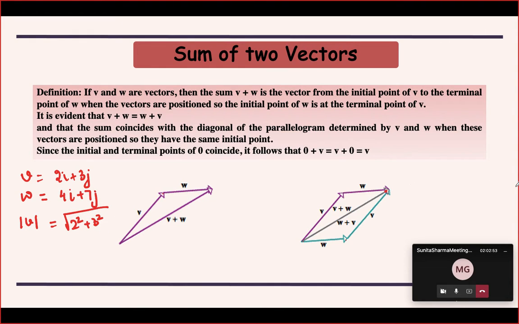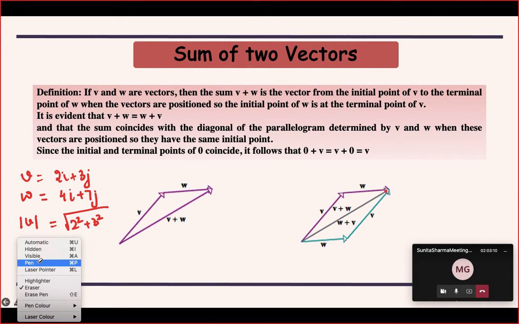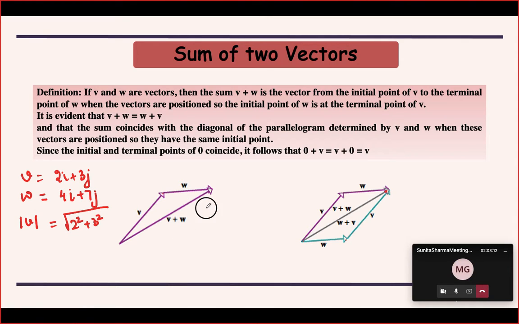Otherwise, if you visualize this v, when we draw this geometrically, how you can draw is, you can just take the initial point to be at origin and terminal point at 2, 3.